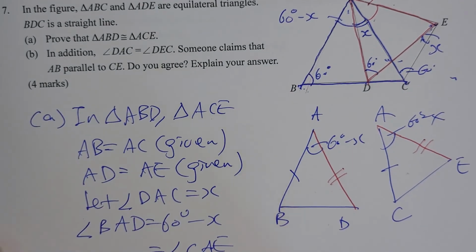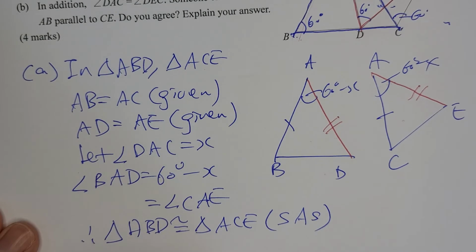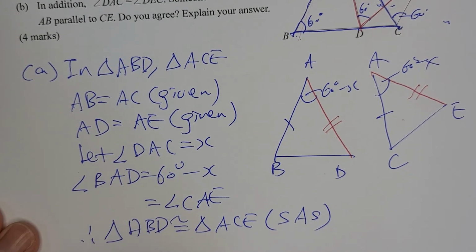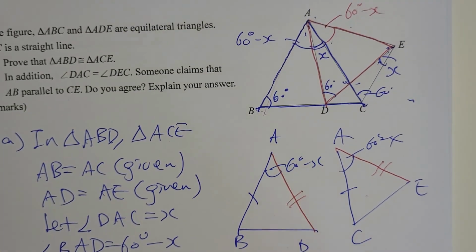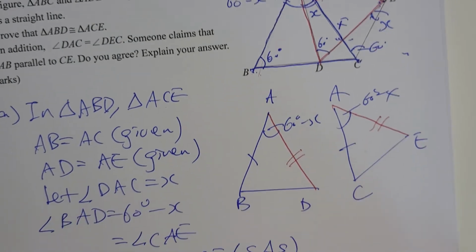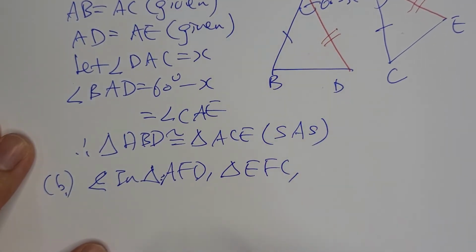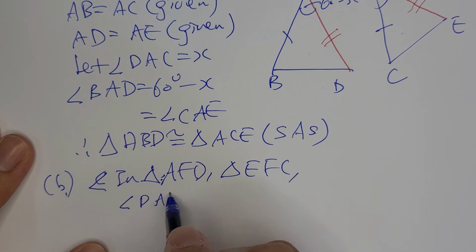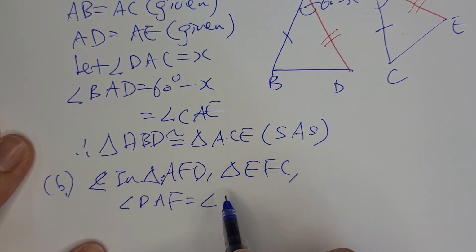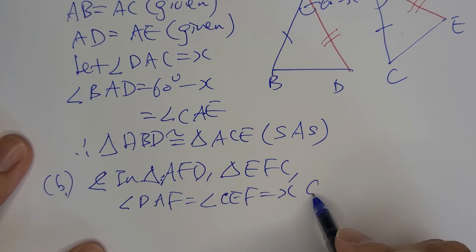Okay, so we can see that, in the triangle, I call it F. Okay, let the point be F. In triangle AFD and triangle EFC, angle DAF equals angle CEF equals X, given.